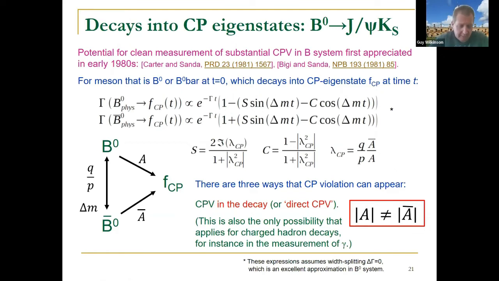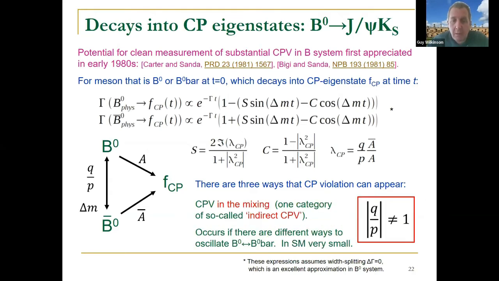There are three possible types of CP violation, as I'm sure you've heard discussed. We can talk about CP violation in the decay, or traditionally direct CP violation. This would happen if the actual decay amplitude is different between the process and the CP conjugated process. And this will be very important when we talk about gamma in a moment's time.